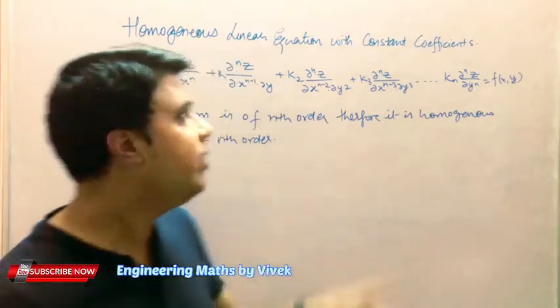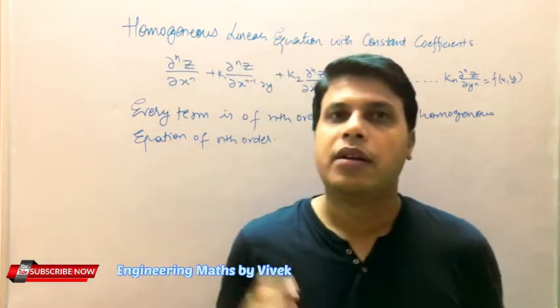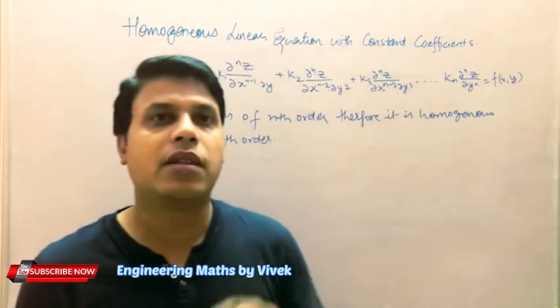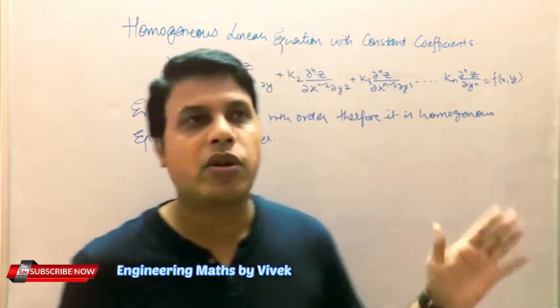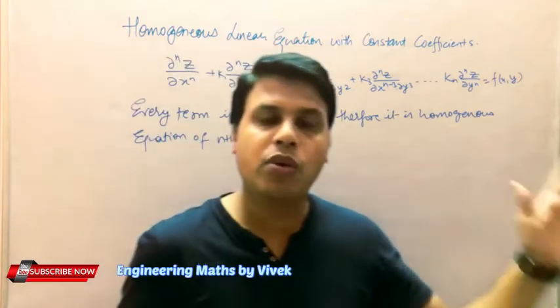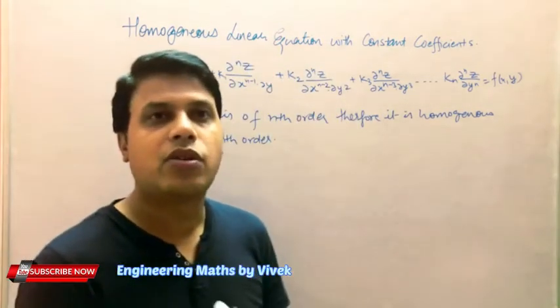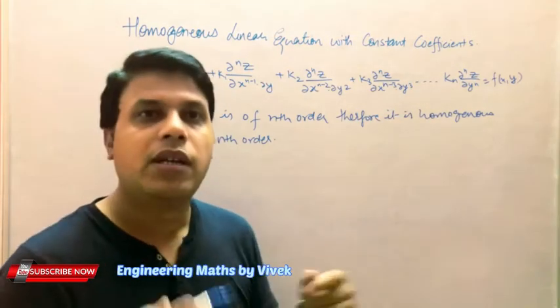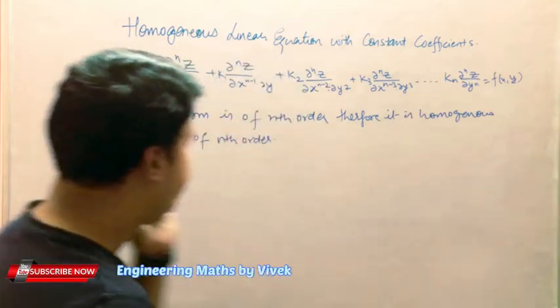And second, why are we calling it linear? Because I told you the degree of the differential equation is defined as the highest power of the highest order derivative. Since the highest order derivative is common in all the terms, and we can see the power of the highest order derivative, you choose any term, then the power is 1. So that is why it is called a linear equation.